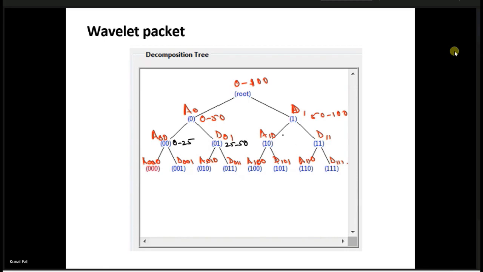Again here you will have 50 to 75, 75 to 100. Again, this will be broken down into 0 to 12.5, 12.5 to 25, and in a likewise manner.